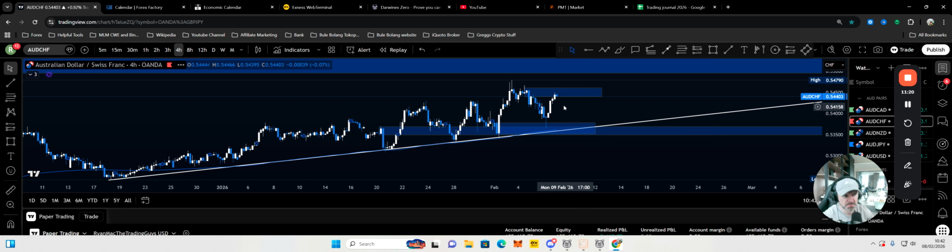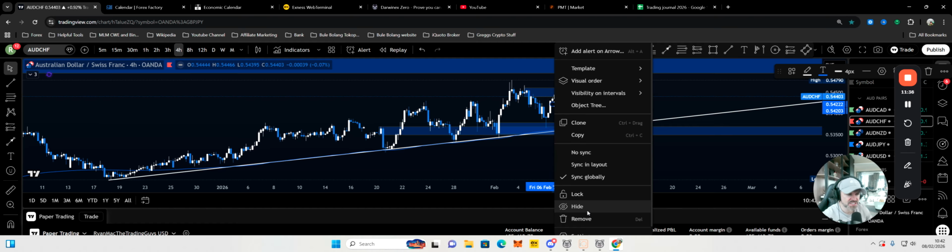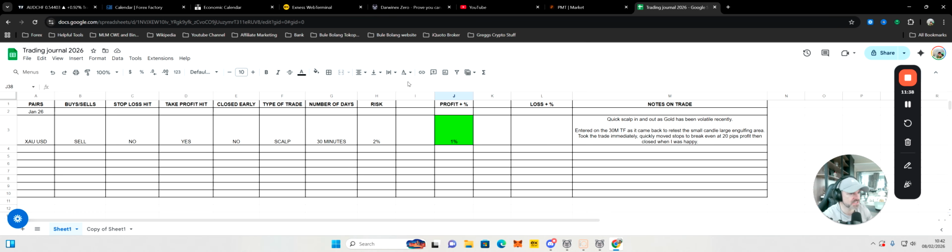And as we can see, the market hit my stop loss, okay? In theory, in this example. But what if I close the trade here? It still ran, so it hit my stop loss. Yes. Did I close it early? Yes.